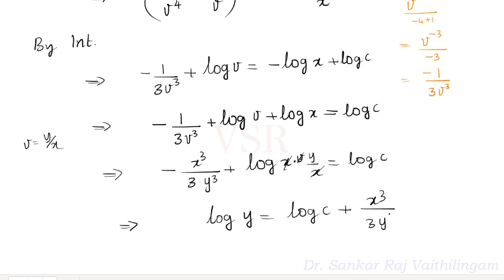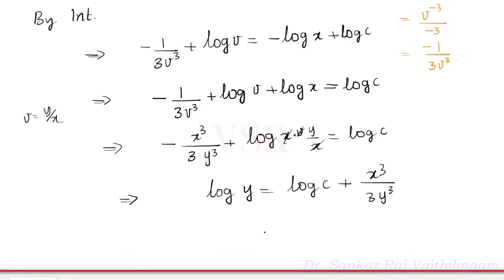Or shall I write it in this way? This is equal to log c plus log of the exponential of x cube by 3 times y cube. Will this be correct? The log cancels and only this remains.